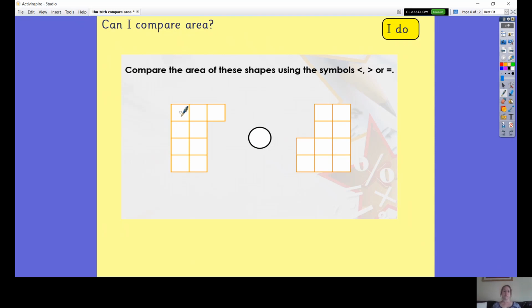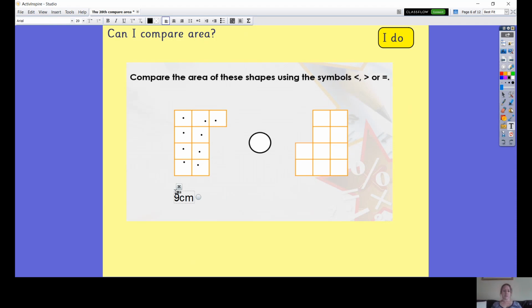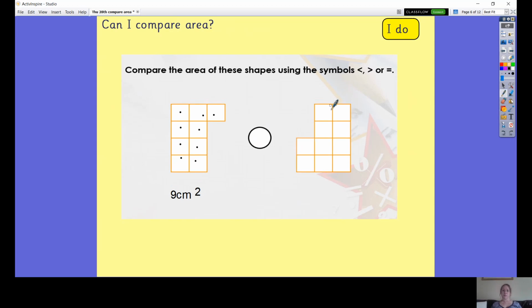Okay, let's do this one together then. So 1, 2, 3, 4, 5, 6, 7, 8, 9. That one is 9 centimetres squared. And then this one, 1, 2, 3, 4, 5, 6, 7, 8, 9, 10.